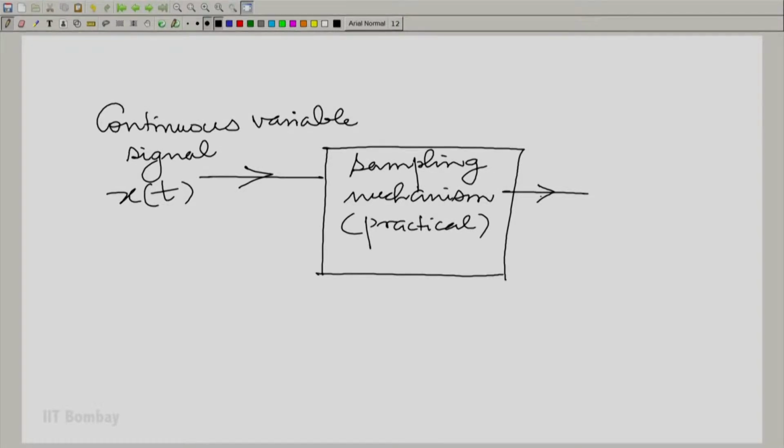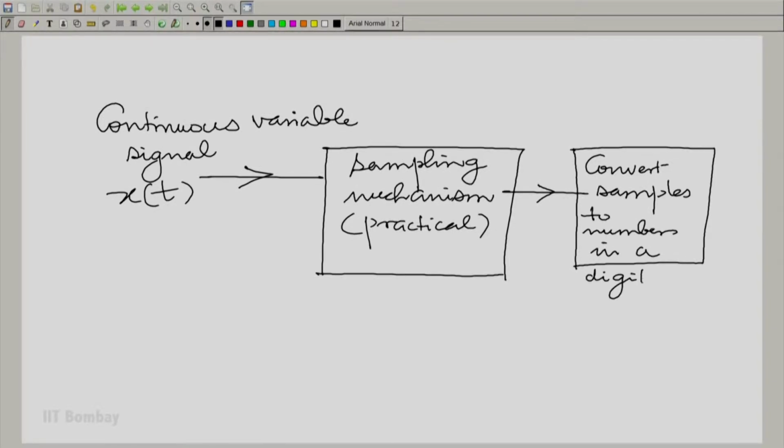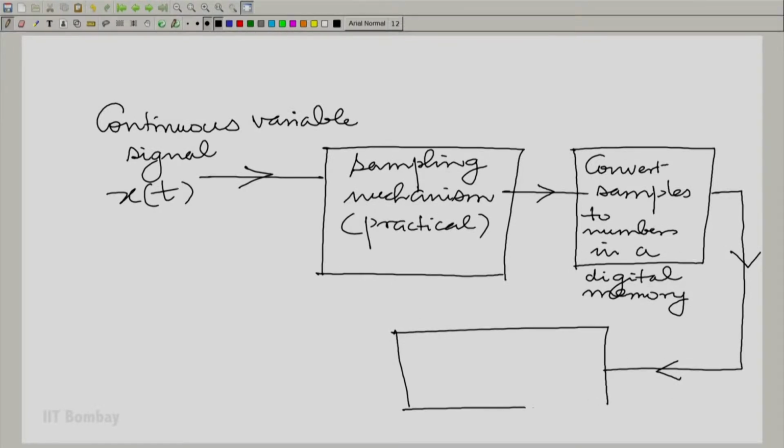Now, I need to convert these samples into numbers which can be stored in a digital memory. Now, the output of this, which is essentially a digital memory, where I have stored all these samples in digital format, can be given to a digital processor, what is called a discrete time or digital. We will see more of this as we go along.